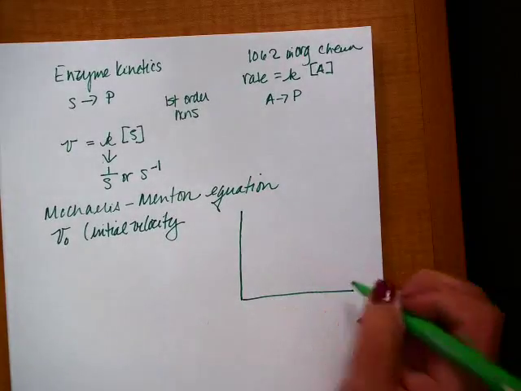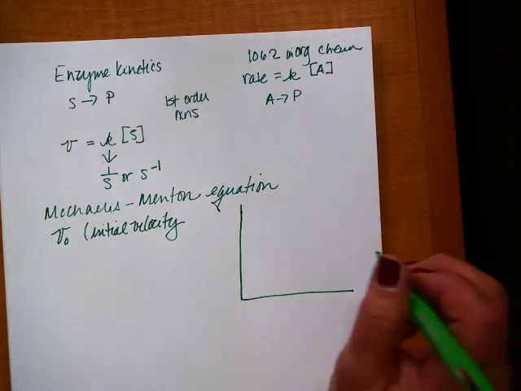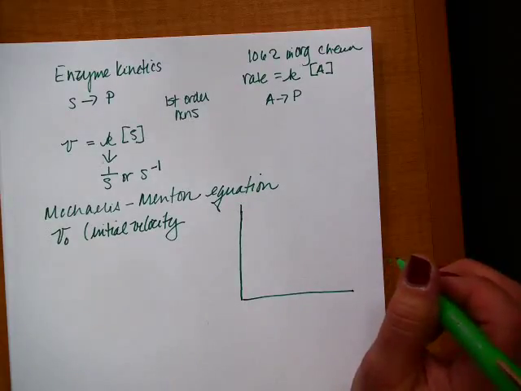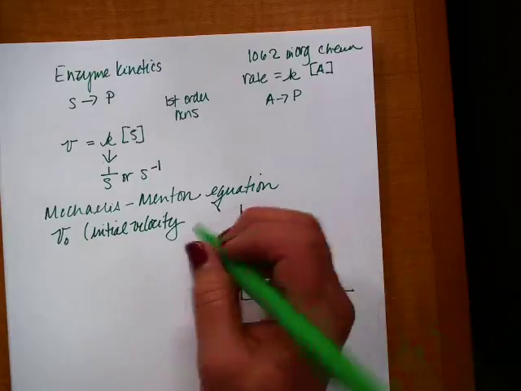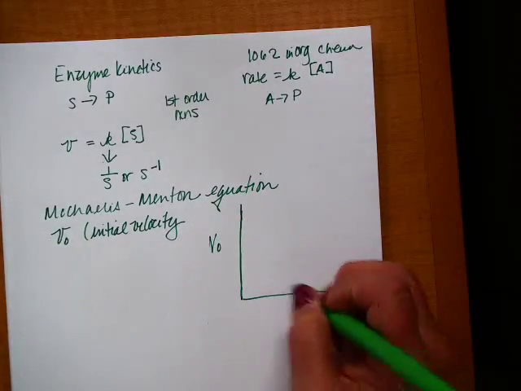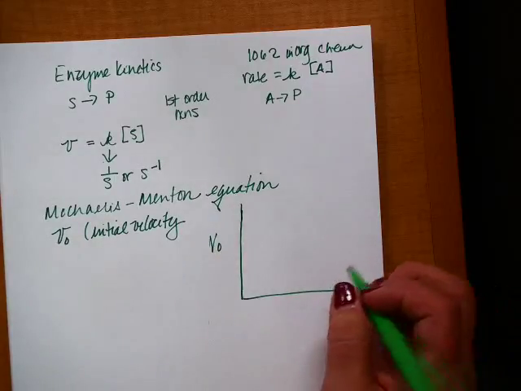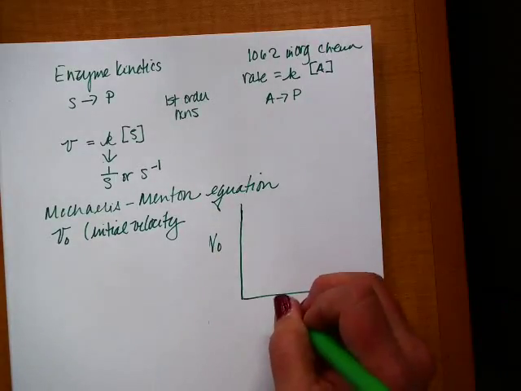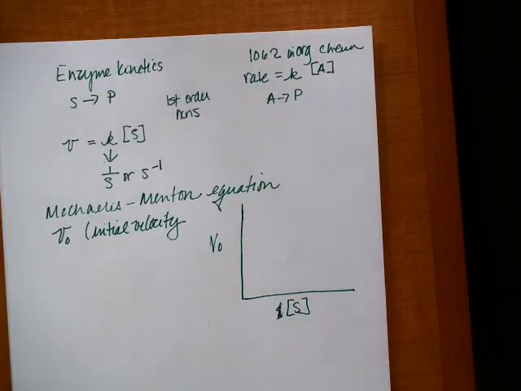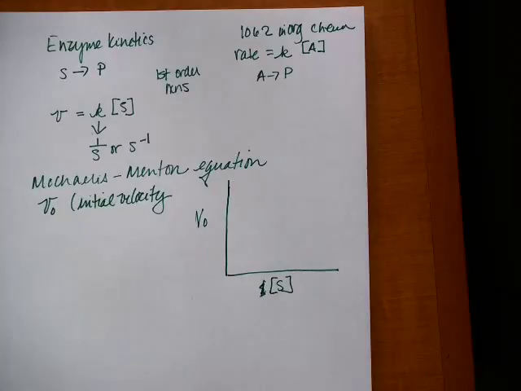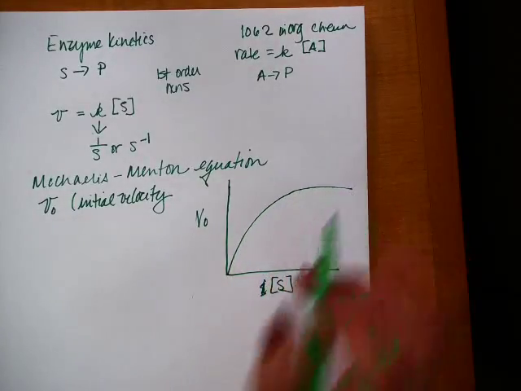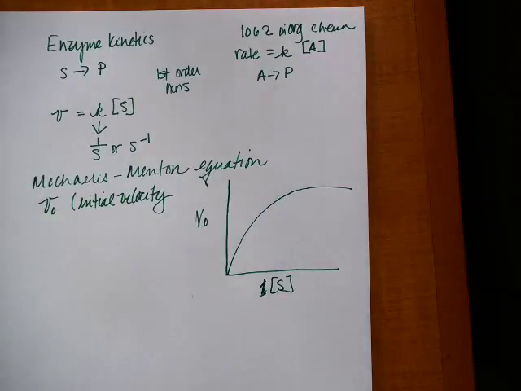If we plot data that results from the Michaelis-Menten equation for an enzyme catalyzed reaction, the y-axis is the initial velocity, and this is concentration of substrate. And it will look like this. So it's hyperbolic.